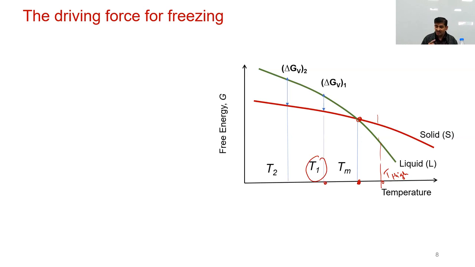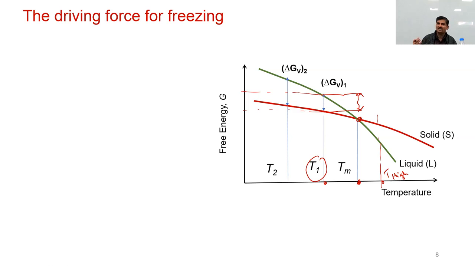Then there is now a free energy difference between solid and liquid. The solid has a free energy somewhere here, and the liquid has a free energy somewhere here. That difference, let us call it the volume free energy, delta GV at temperature 1, which is delta GV1. As we go below the melting point, a free energy difference starts to develop between solid and liquid.